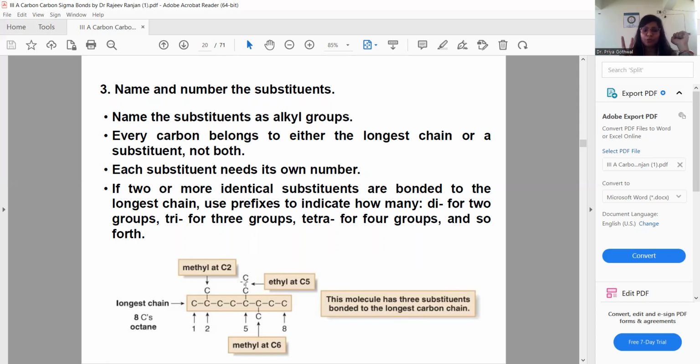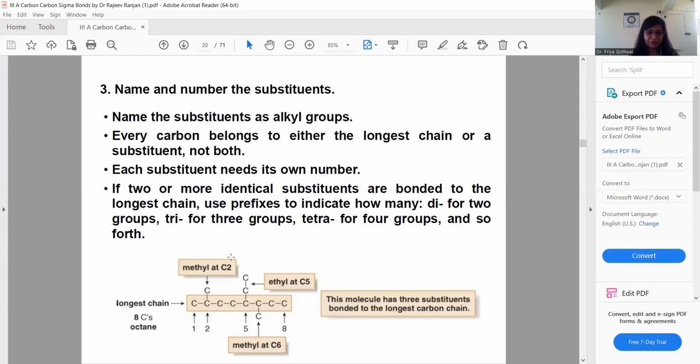If two or more identical substituents are bonded to the longest chain, use prefixes to indicate how many: di for 2 groups, tri for 3 groups, tetra for 4 groups, penta for 5 groups, hexa for 6 groups, hepta for 7 groups, octa for 8 groups, and so on.